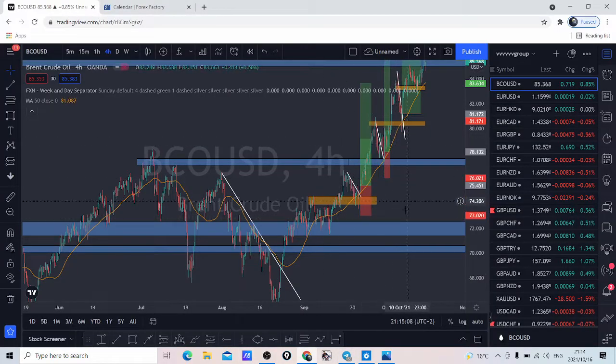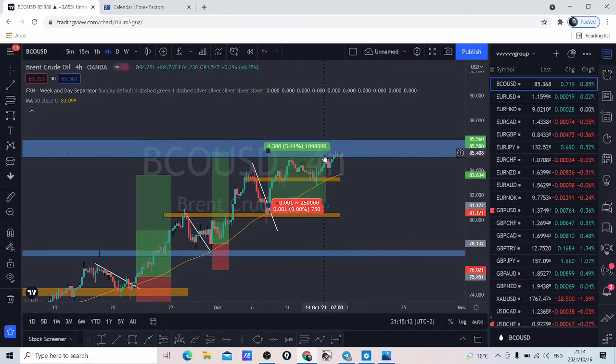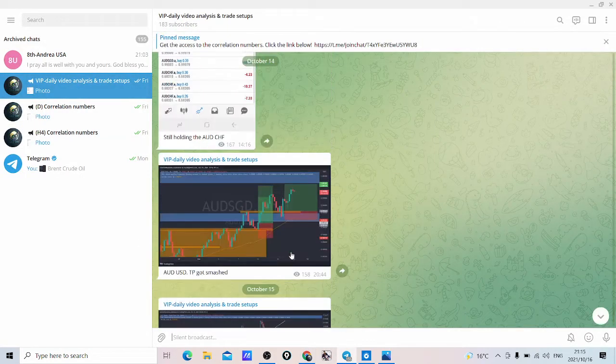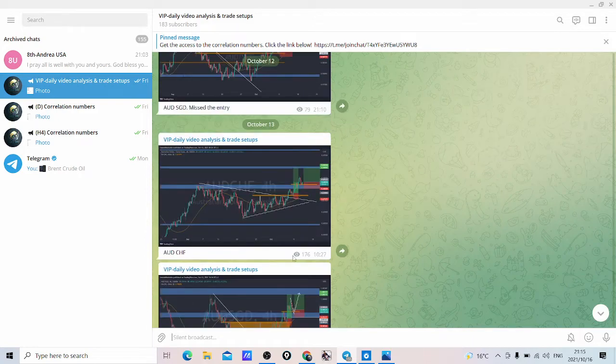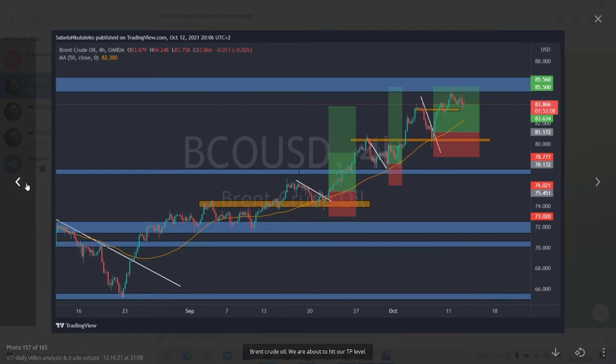That's why we were looking for a buy here, and I was so convinced that the market was still going to go up, as it is now eventually hitting our TP here. As you can see, the market went straight into our TP, and this signal, guys, was also given in our VIP Telegram channel a long time ago.